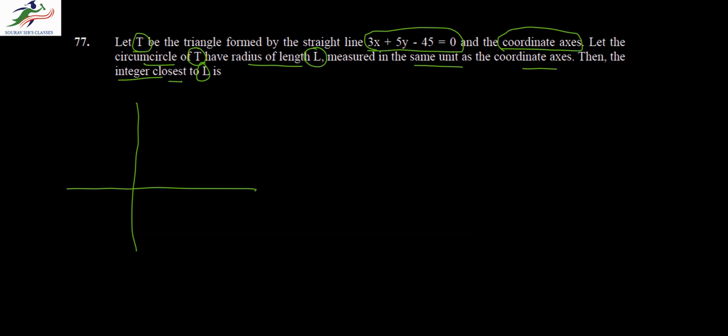understand what is given. So we have the axis, x-axis and y-axis, which we call the coordinate axis, and these two axes, as we know, intersect at 90 degrees, and there is a line with a negative slope, because if I write this equation 3x plus 5y minus 45 equal to 0, I can write it as 5y is equal to minus 3x plus 45.